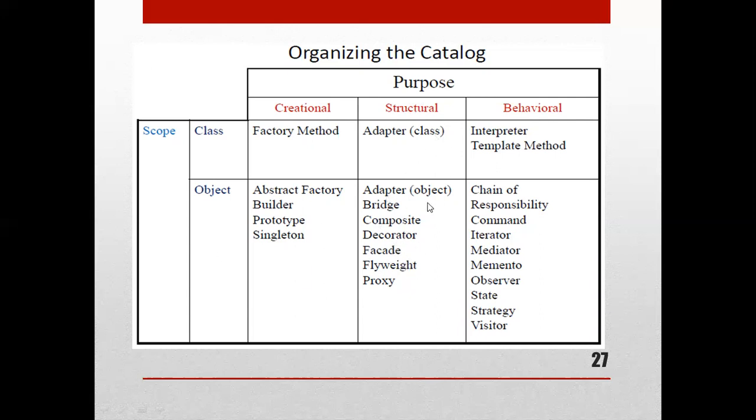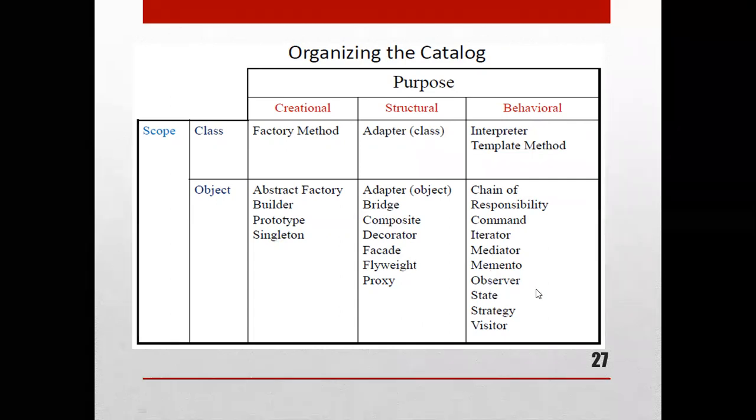Then the behavioral pattern. For the purpose of behavioral pattern, for class scope we use interpreter and template method. And for objects: chain of responsibility, command, iterator, mediator, memento, then observer, state, strategy and visitor.